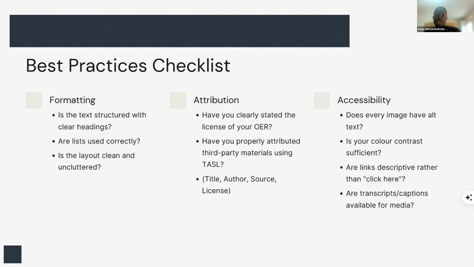And then transcripts and captions, are they available for your media? Some people cannot hear; they suffer with hearing. Their hearing is not so good. And when you create a video and you just talk all through, no matter how impactful it is, they cannot benefit from it. So this is also very related to the alt text for images.